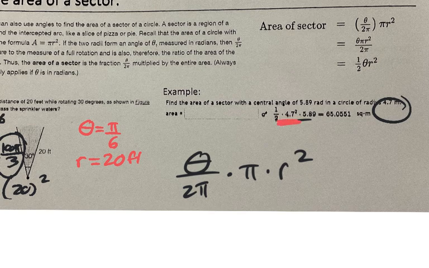I do. It's 5.89 radians. The problem is theta has to be in radians. Guess what? It is in radians. So we're good. So 5.89 radians over 2 pi times the radius. Do I know the radius? 4.7.